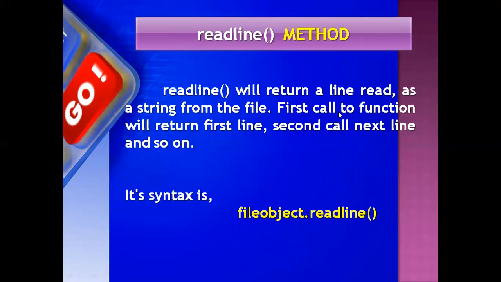It will call the first line from a file, then the second line, the third line, however many lines you have written in the hard disk, read one by one by readline. See here the syntax: file object, here you can write abcxyz, a user defined name, dot readline. So one by one the lines will be read by the readline function.